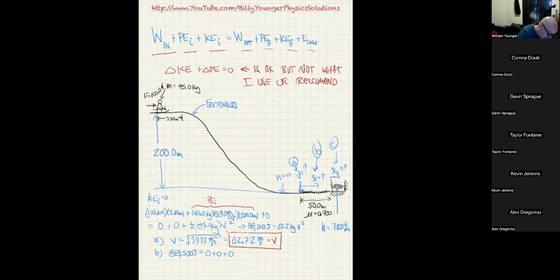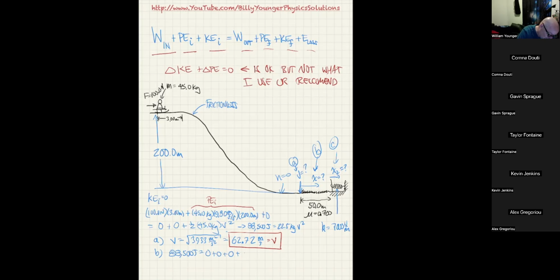So the energy loss is in fact the friction work. Since the child's not on an incline, there's no extra forces pushing down or up. The normal force is just going to be mg. So the friction force is going to be mg times mu, and the work done is going to be mu times mg times x.